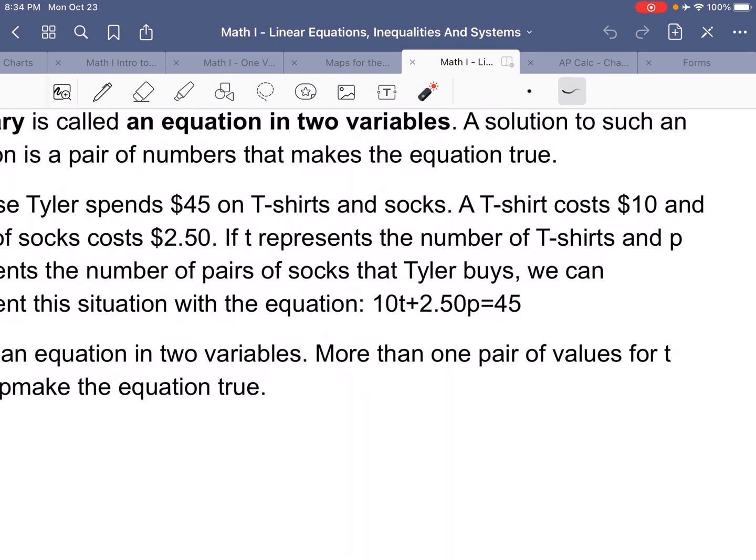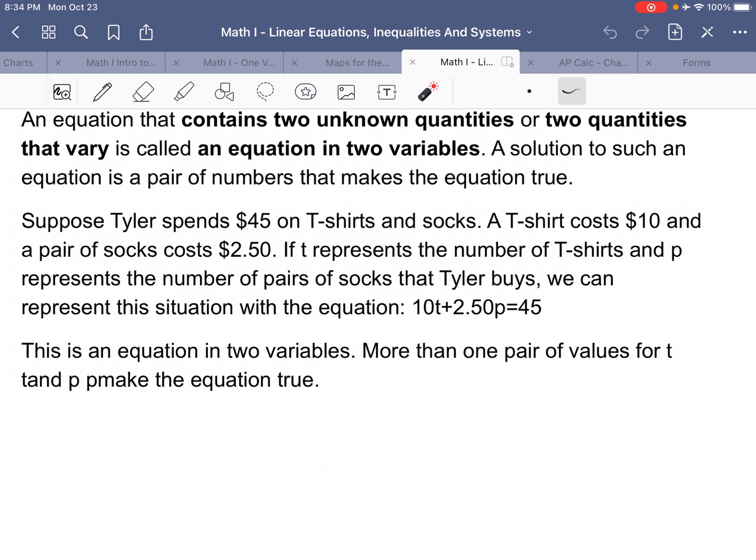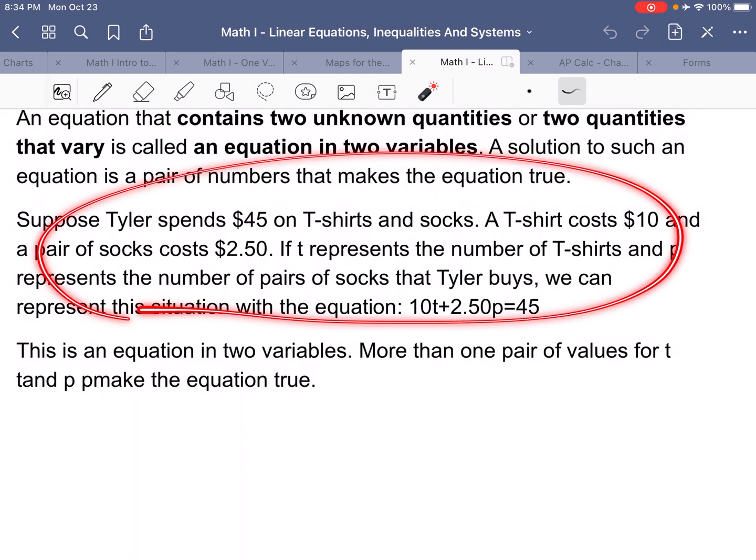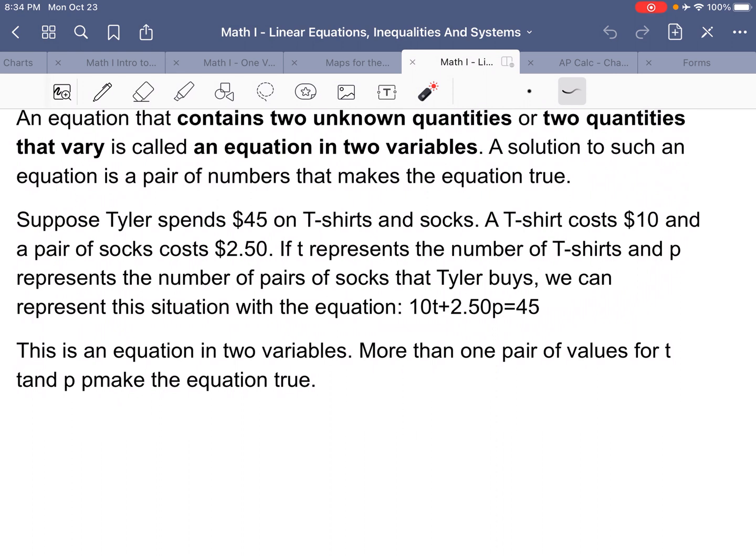But I want to make sure everybody's very, very clear on how this equation connects to what we saw. T-shirts cost $10 each. If we have one t-shirt, that would cost $10. Two t-shirts would be $20. Three t-shirts would be $30. 145 t-shirts would be, well, you'd have to take $10 a shirt times 145.